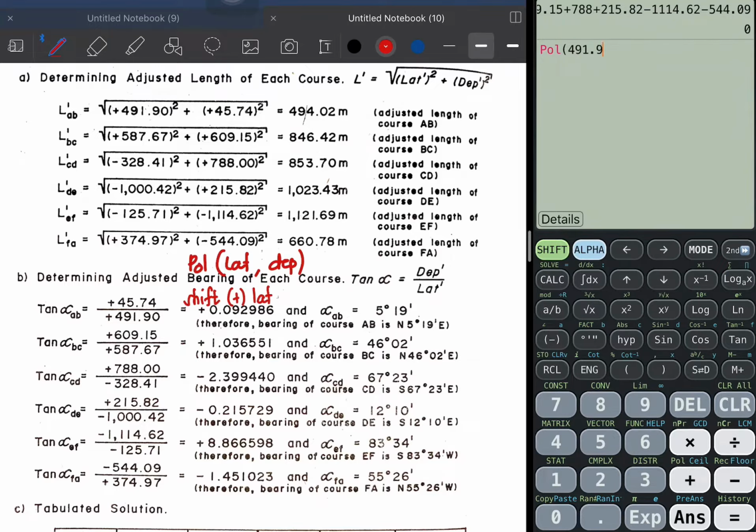Latitude is 491.90, then comma, so that is shift comma, close parenthesis. And then type the departure, 45.74.